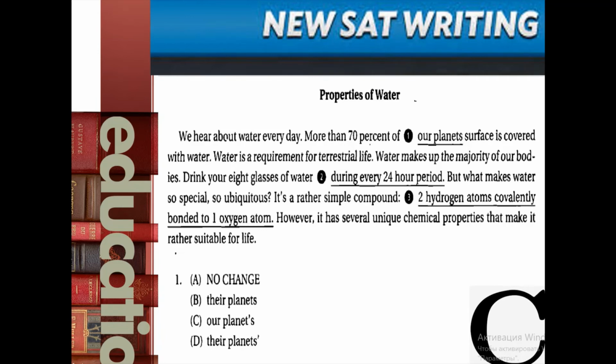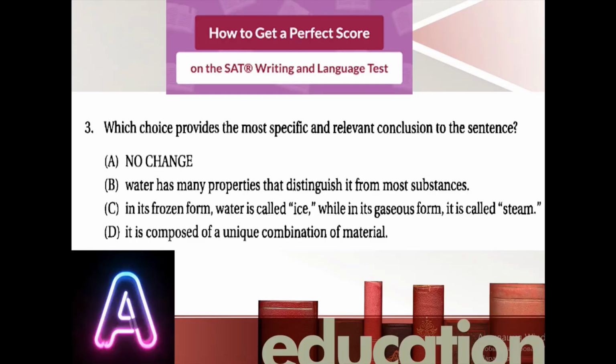The third question, here it is. It's a rather simple compound. Two hydrogen atoms covalently bonded to one oxygen atom. However, it has several unique chemical properties that make it rather suitable for life. And the third question is: which choice provides the most specific and relevant conclusion to the sentence?